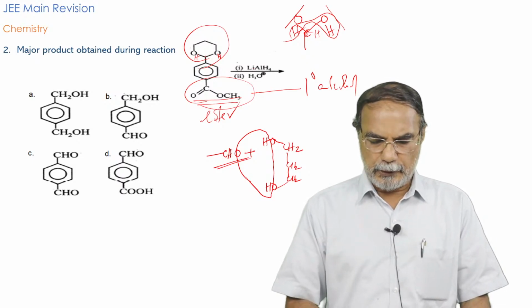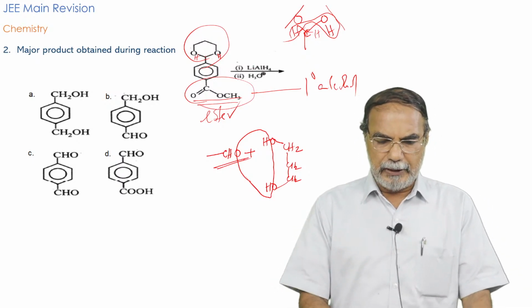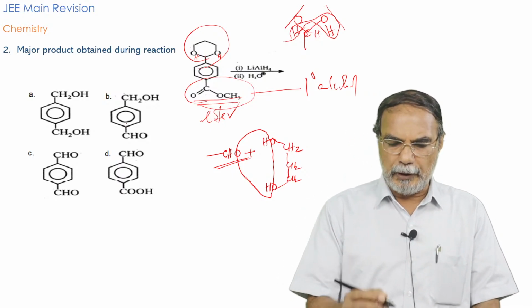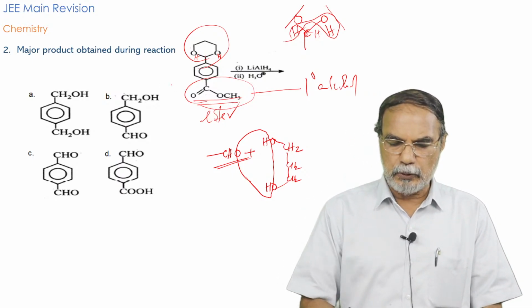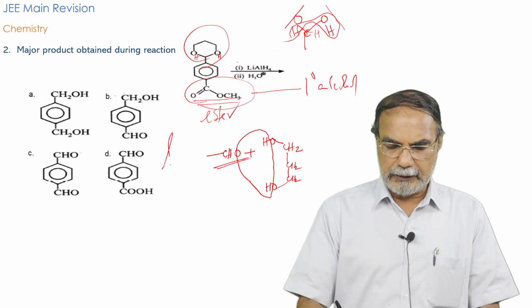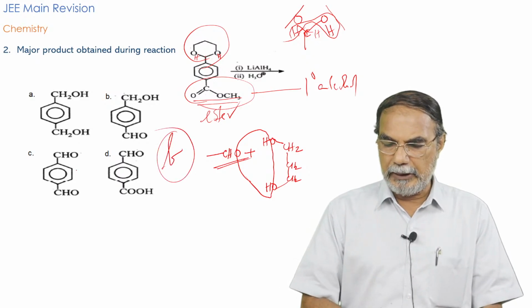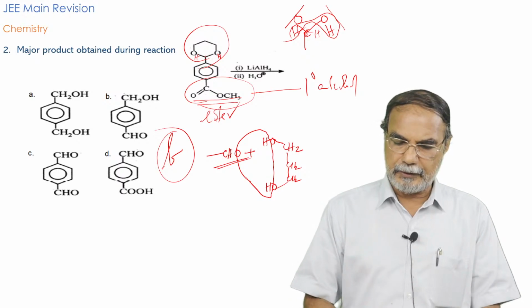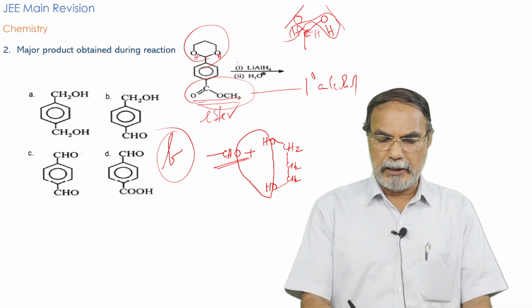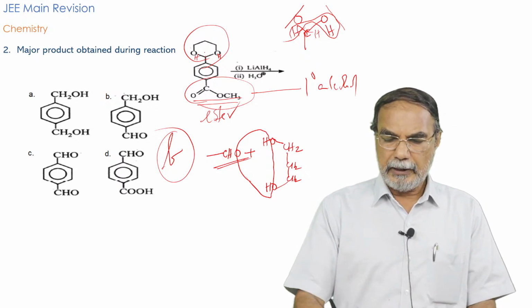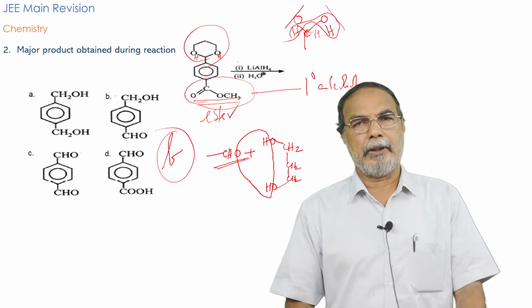So the product of the reaction is one having a CHO group at one point and a CH2OH group at the other point. That means the correct choice is B, which has a primary alcoholic group at one point and the aldehyde group at the other point.